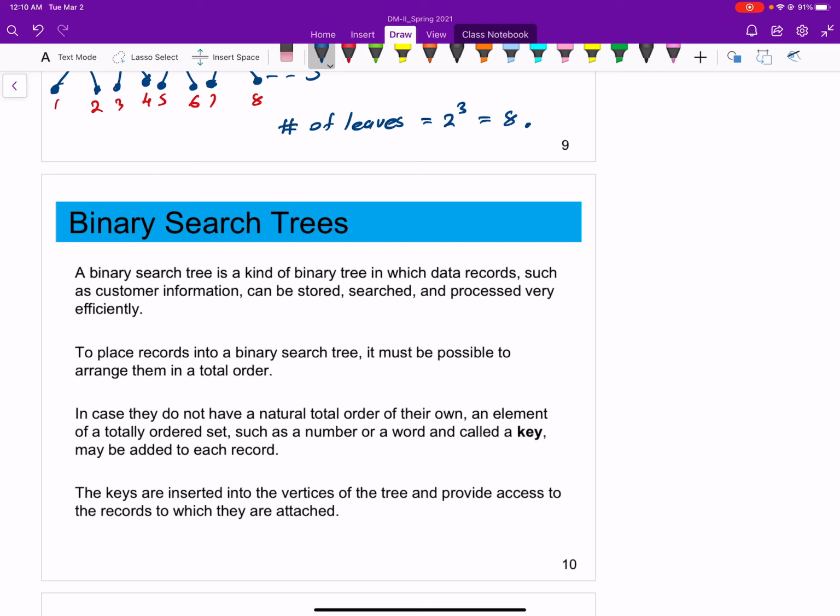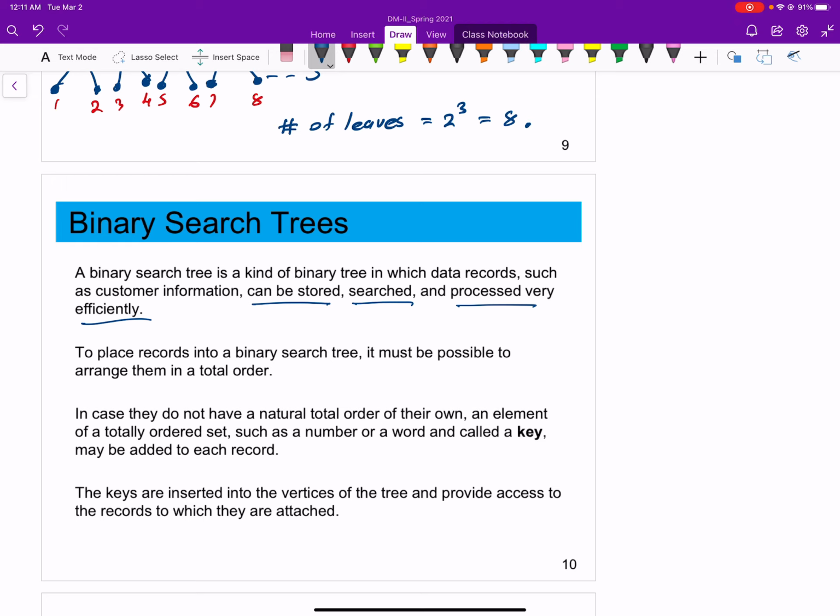You can do clustering by using binary search trees. There are plenty of applications. A binary search tree is a kind of binary tree in which data records such as customer information can be stored, searched, and processed very efficiently.